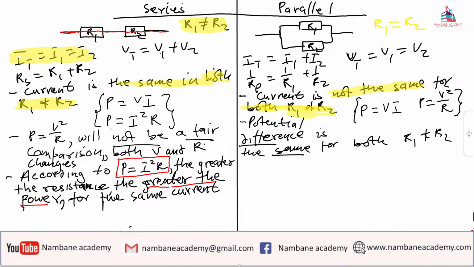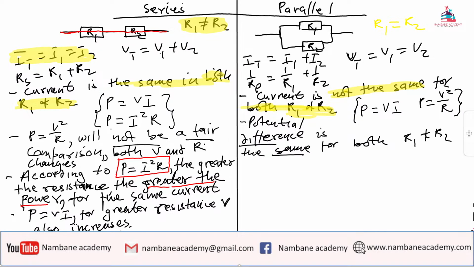And it makes sense because one can also say using P is equals to VI, for greater resistance, V also increases. And it makes sense. Why does it make sense?